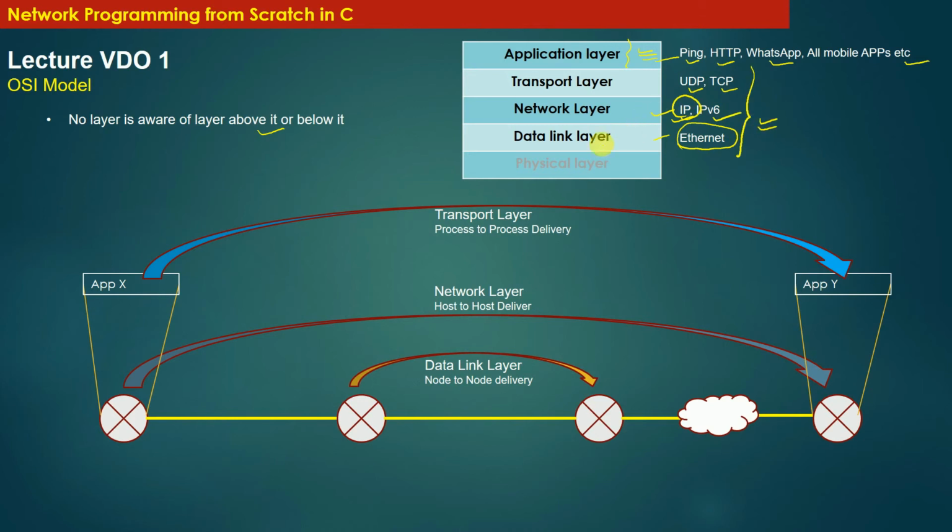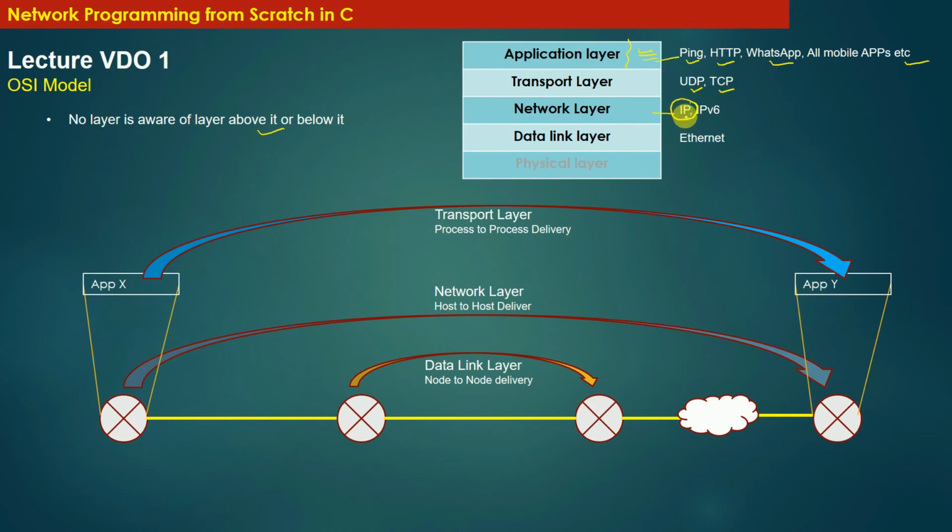Now coming back to the point that no layer is aware of the layer above it or below it. What does it mean? It simply means that, for example, if the network layer is running the IP protocol, the IP protocol will not assume that the transport layer protocol is UDP or TCP. The IP protocol has to function without knowing what protocol is running as the transport layer protocol.